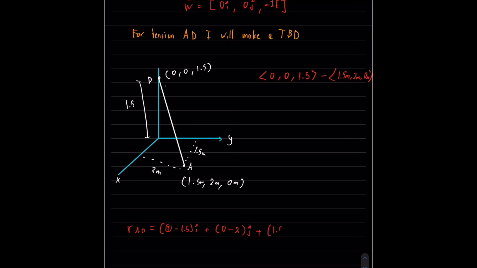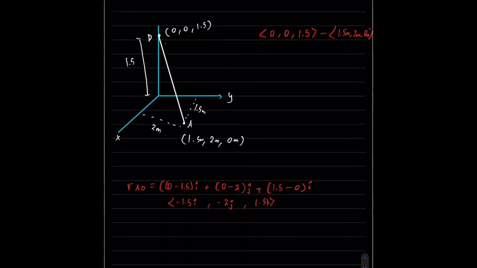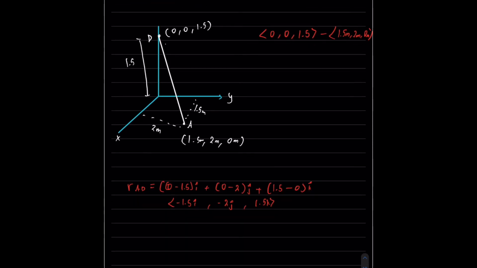Plus 1.5 minus 0 in the k. Now that's going to sum up to give us negative 1.5 i, negative 2 j, and 1.5 in the k here.